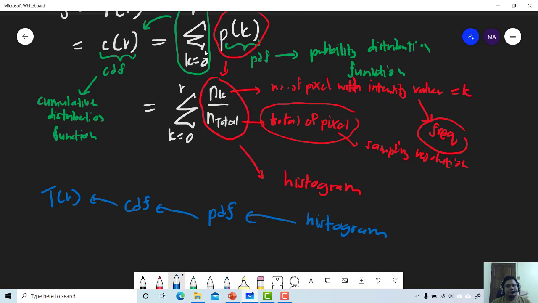Meaning that if you have a low dark contrast image, the histogram should look like this. And if you have a low bright contrast image, then you have a histogram like this. And if you have a low contrast image, the histogram looks like this. So in other words, each and every histogram keeps varying. It's different, meaning that if the image suffers from low dark contrast, this is the histogram.